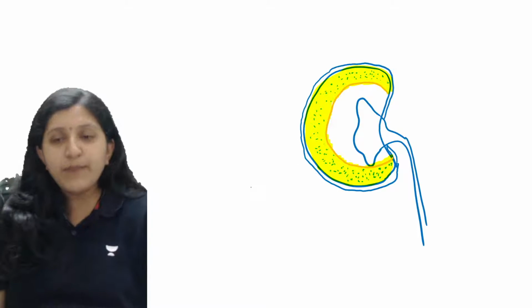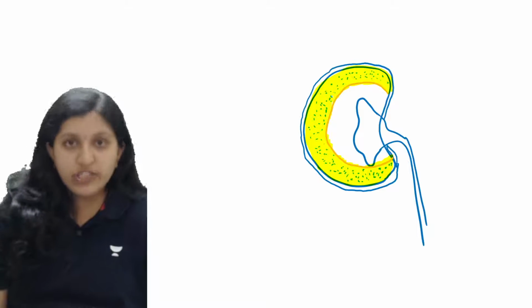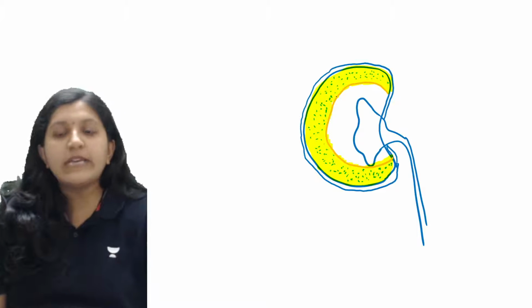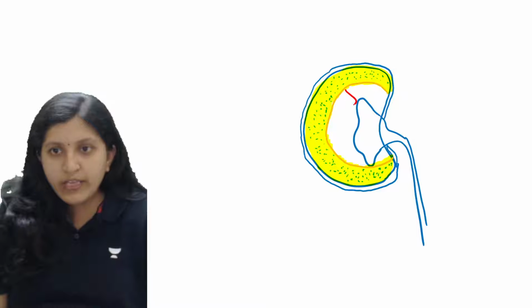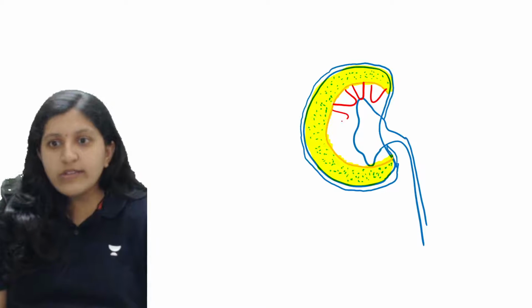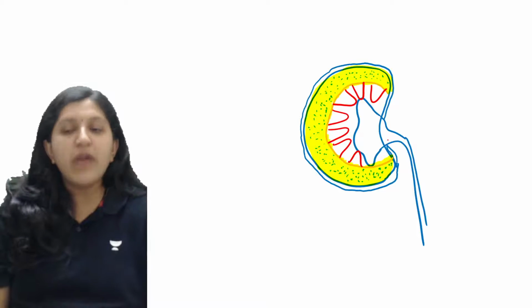In the same way, in the medulla region you don't see any dots as such, but you can see striations, stripes. Let me draw that as well. In this particular region, the medulla region, you can find pyramids like this. These conical pyramids have got these striations.